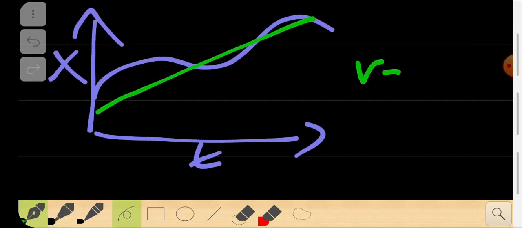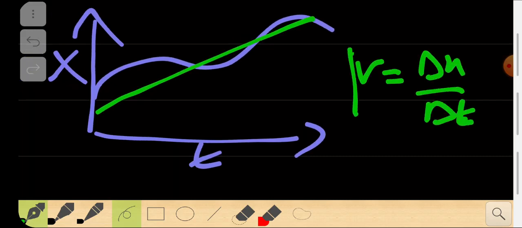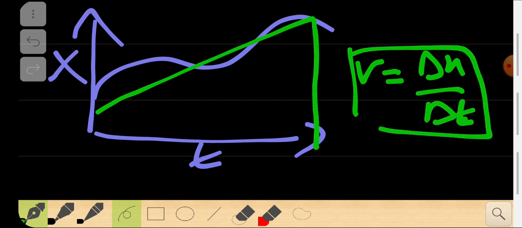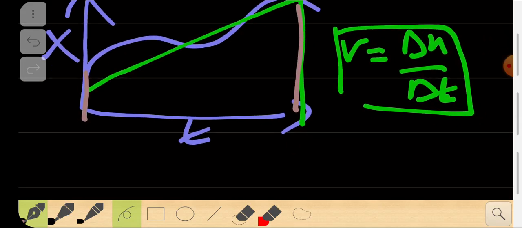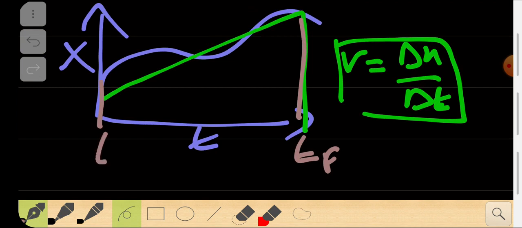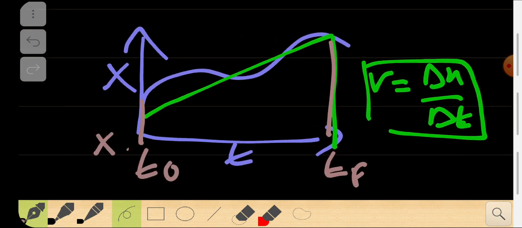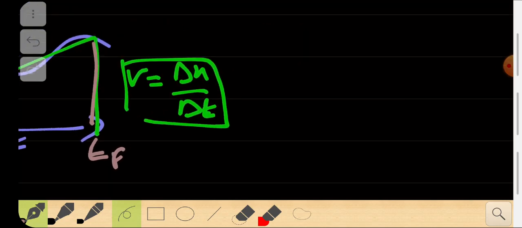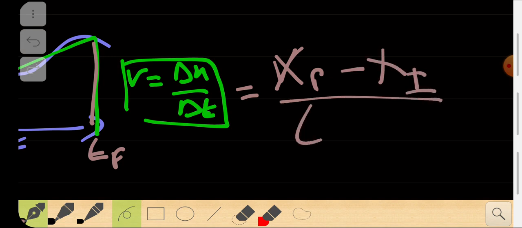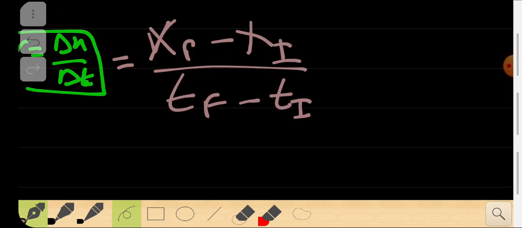The velocity can be represented as delta x by delta t, which means it's a time average between the maximum and minimum values. So t will be t final and t initial, and x will be x final and x initial. So v is equal to x final minus x initial divided by t final minus t initial. So that's the velocity for you guys.